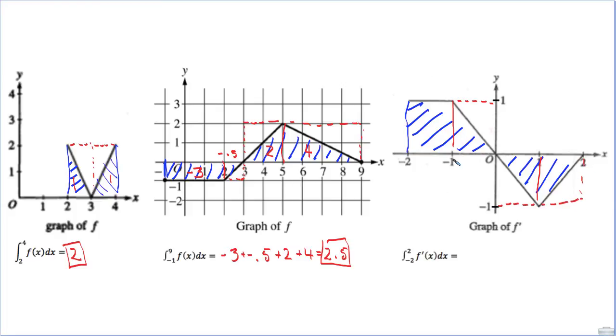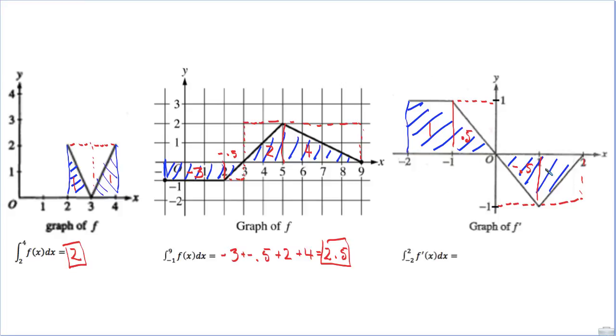All right, so this rectangle is a 1 by 1, so it has an area of 1. This triangle, well, it's really the rectangle here, is also 1 by 1. It's the same exact shape, but half of that, so this is going to be half, 0.5. Rectangle down here is a 1 by 1, so it's a negative 1, but it's half of that, so it's a negative 0.5.